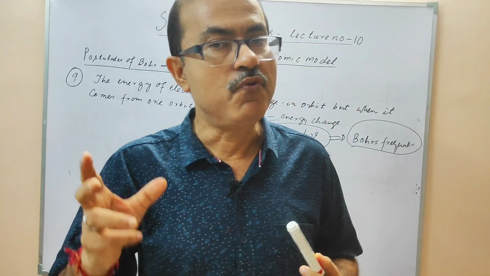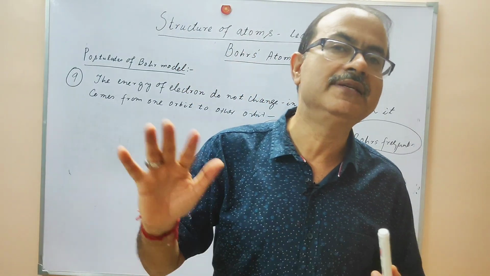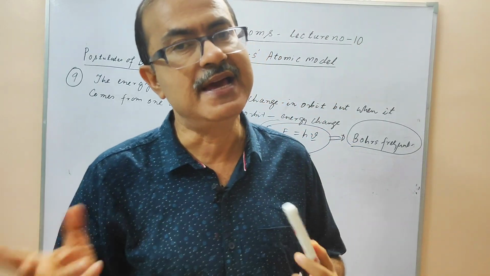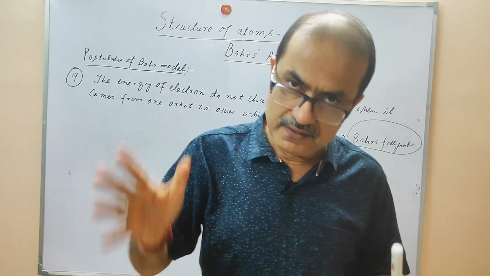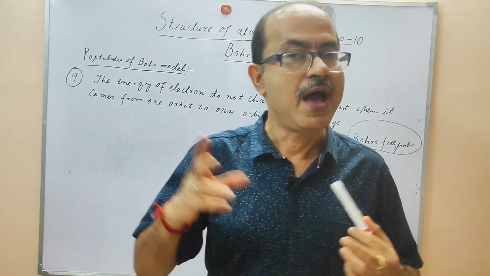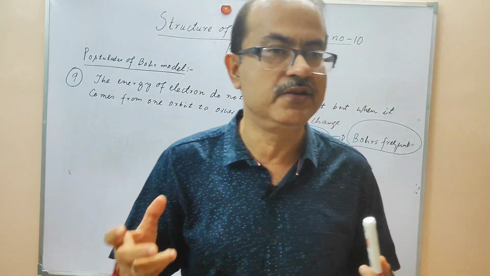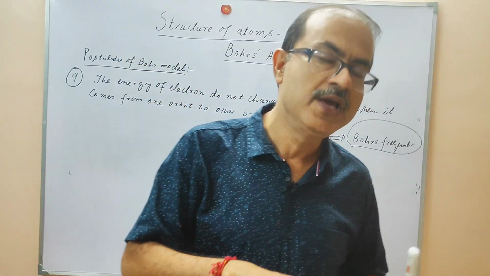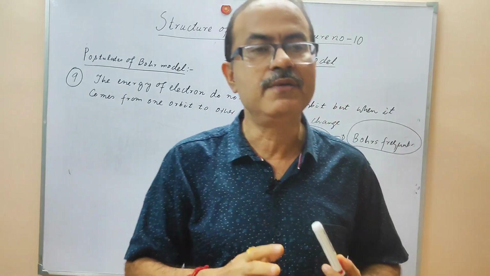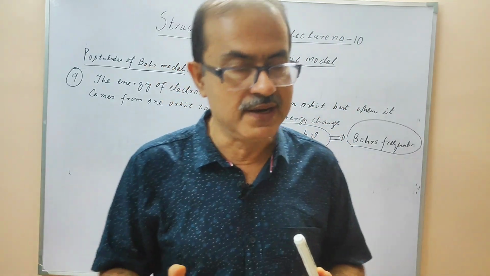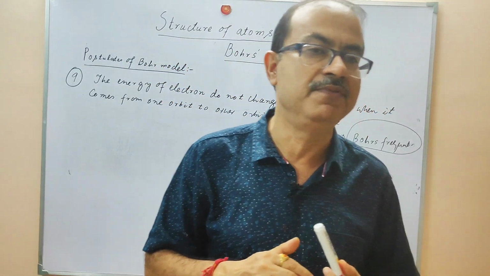Another thing, Bohr considered the atom as a planar structure, but it is a three-dimensional structure. And fourth, he could not include the recent developments, that is the dual nature of matter and the Heisenberg uncertainty principle.